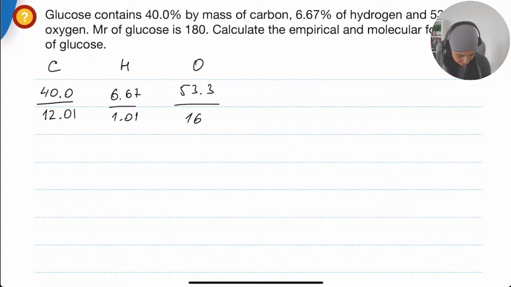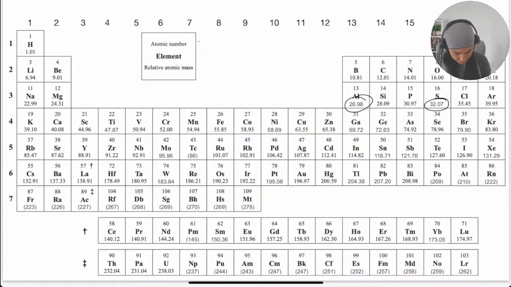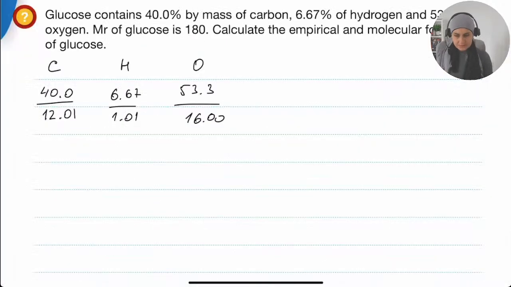Relative atomic masses are from the periodic table. Yeah, so 1.01, 12.01, 16. And let's see. So I do 40 over 12.01. That's 3.33. This is 6.60, and then 53.3 over 16. It's 3.33. So I got these numbers.